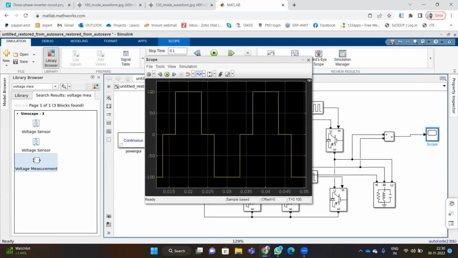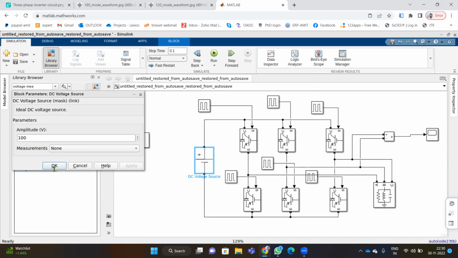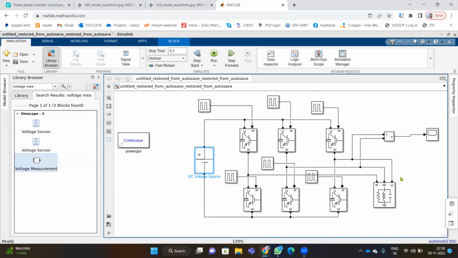Then see the output value of 100 volts, as our input voltage applied is 100 volts. So the maximum output in 180-degree mode is equal to the applied DC voltage. Let's just see what pulses we have connected.